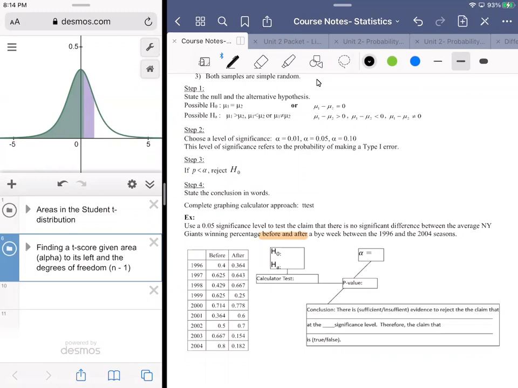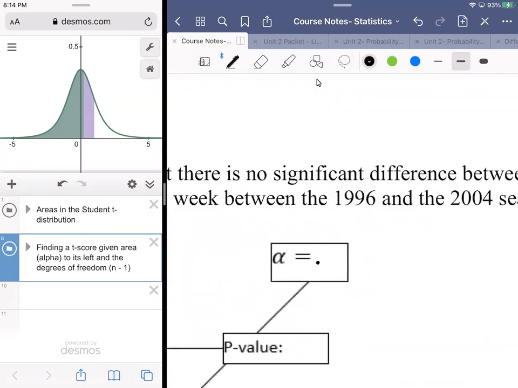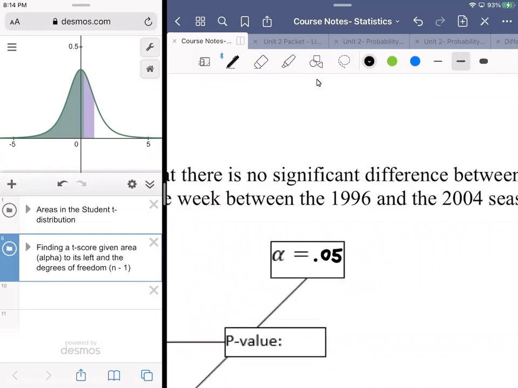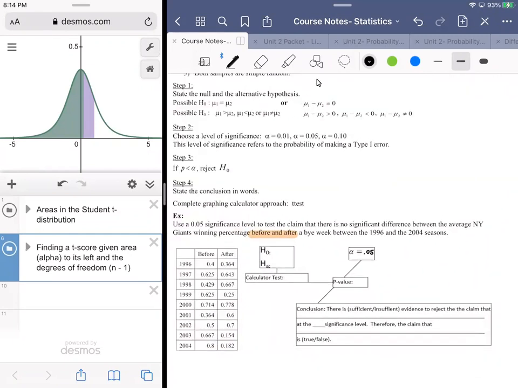All right. So we have our alpha value, which is 0.05. Now, no significant difference, that's a key component there. The average winning percentage is talking about a mean percentage, which is kind of weird. We're kind of mixing two concepts together.